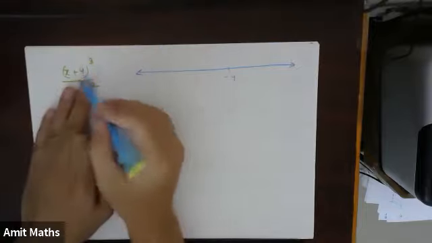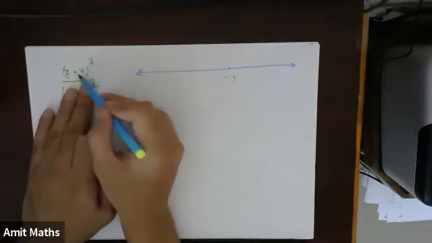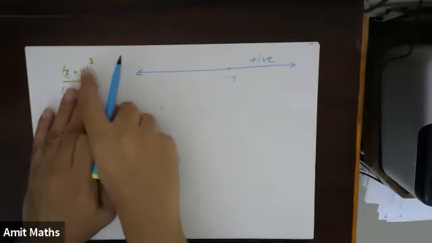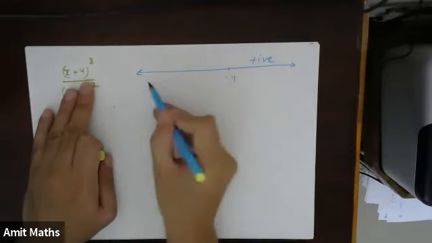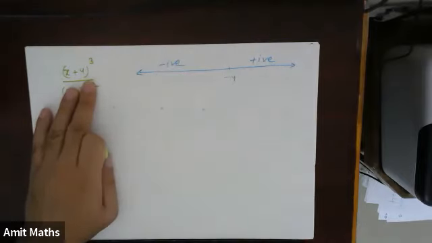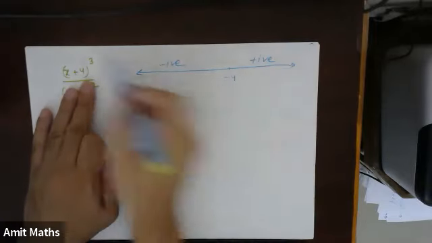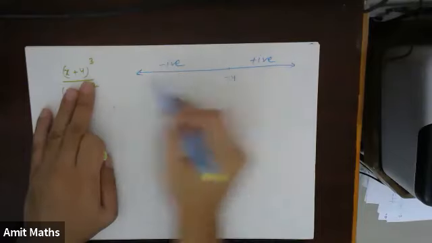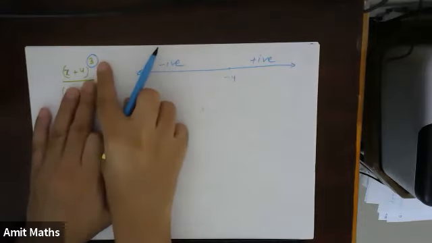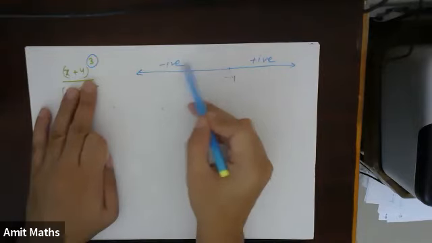After minus 4, x plus 4 whole cube will be positive, and before minus 4, x plus 4 to the power 3 will be negative. Why is this happening? Because we have an odd power. Because of this odd power, after minus 4 it is positive and before minus 4 it is negative. It is changing sign. Understood?